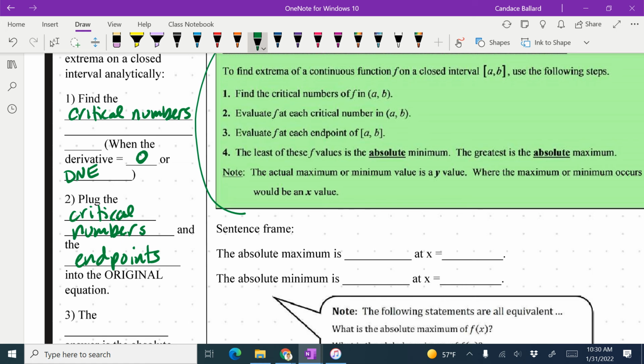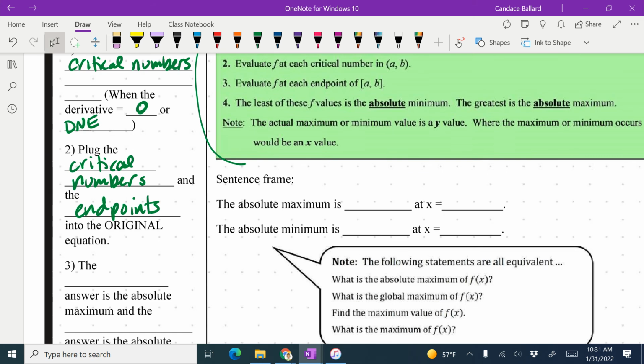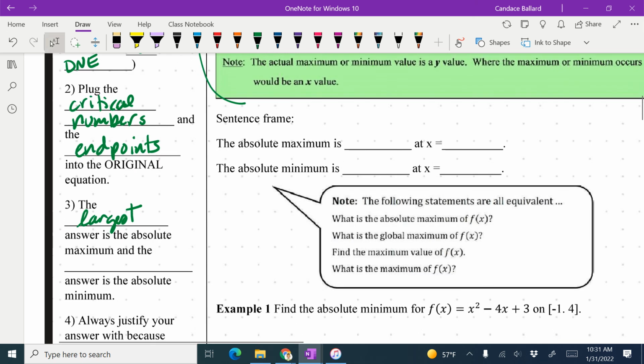Because when we do locals, when we do our sign charts, we use the derivative. We do not use the derivative for this. We use the original equation. Okay. All right. The largest answer is the absolute max. The smallest answer is the absolute min.